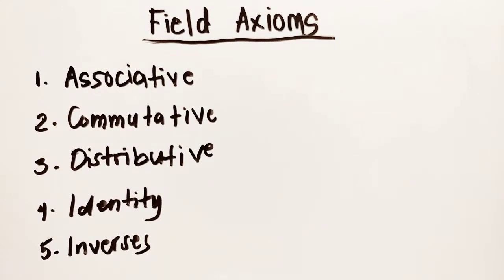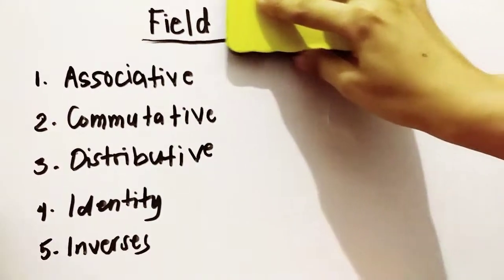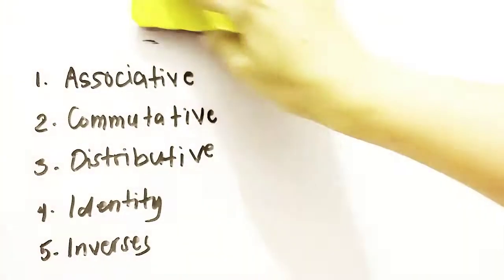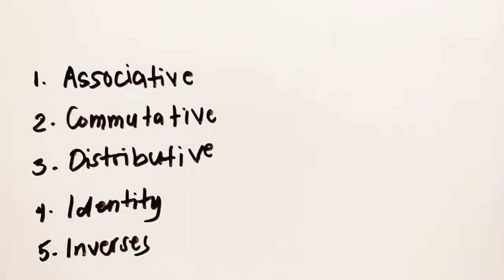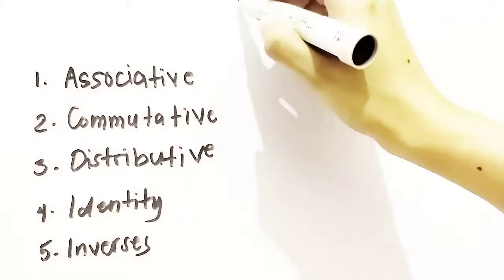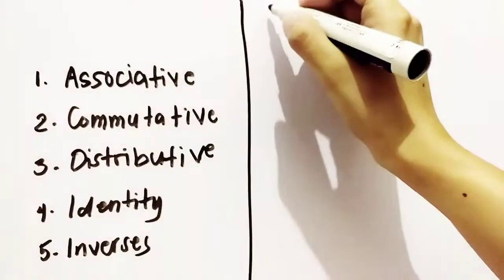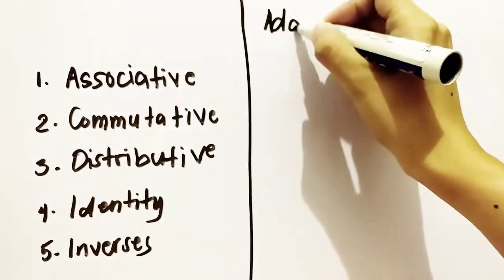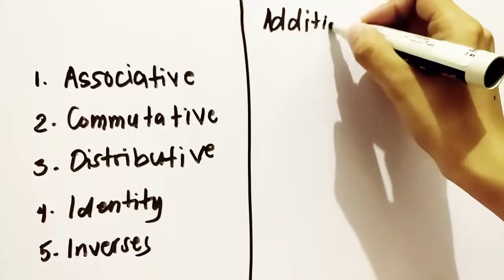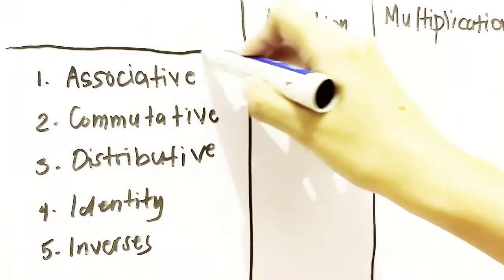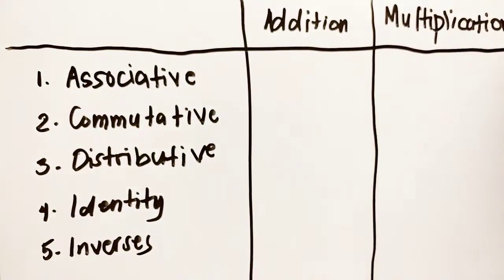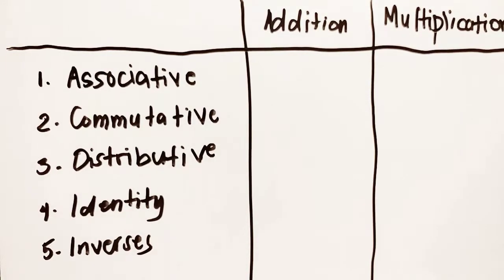So with that, we can create a table to understand or to remember these field axioms more. So we have addition, as I've said earlier, and the multiplication. So in addition of associative, we have this form.